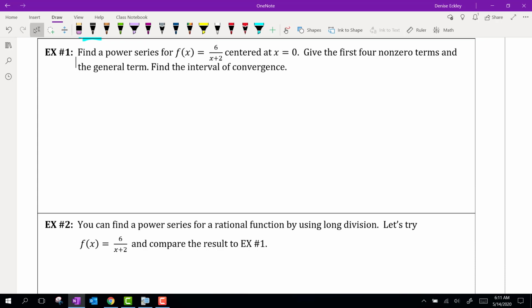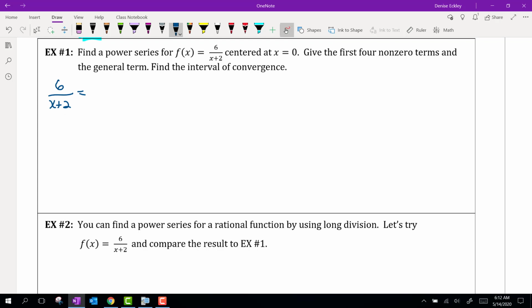So we want to make it look more like our original idea that it is a over 1 minus r. So we have to turn this into that. That's the first thing we're going to do. We're going to start by taking 6 over x plus 2, and we're going to rewrite it a little bit.